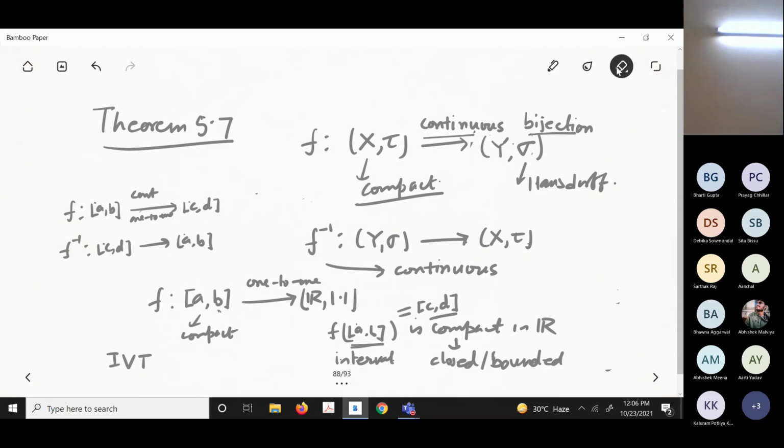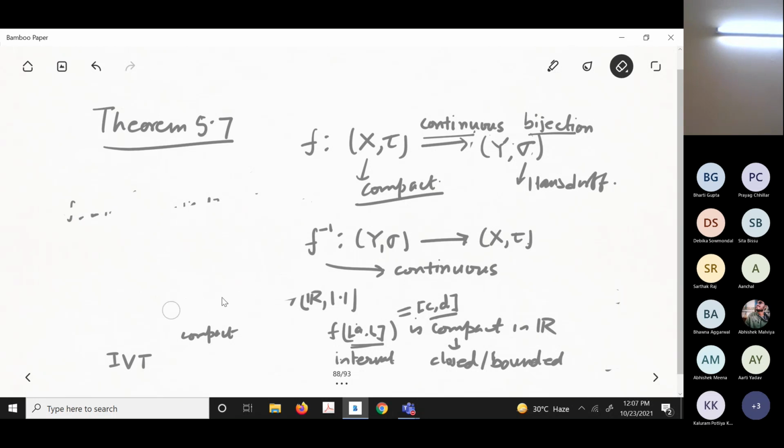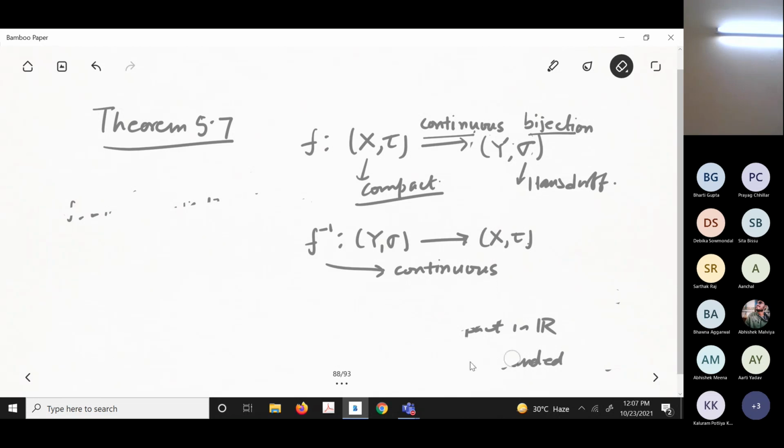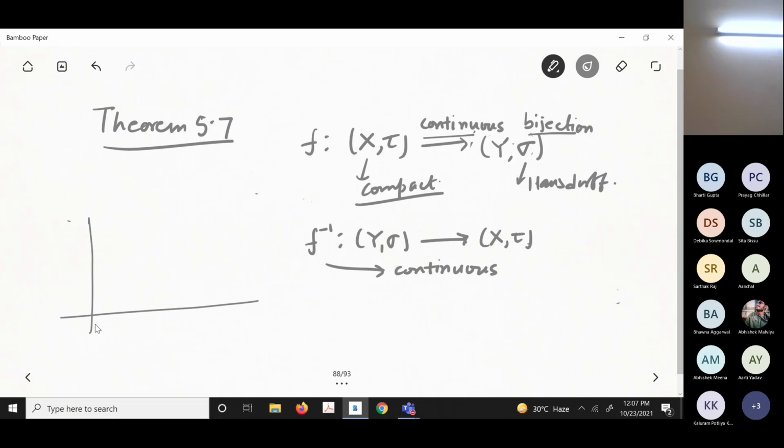Well, let me give a geometric example of this. What is a simple example? Suppose you take the interval 0 to 1.